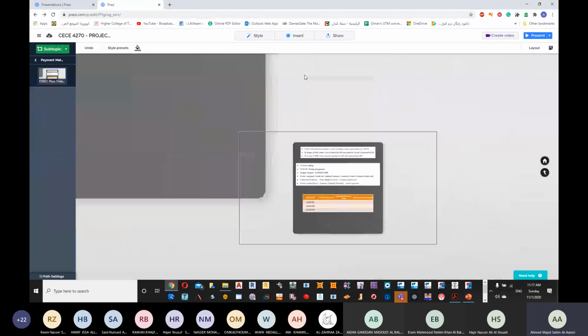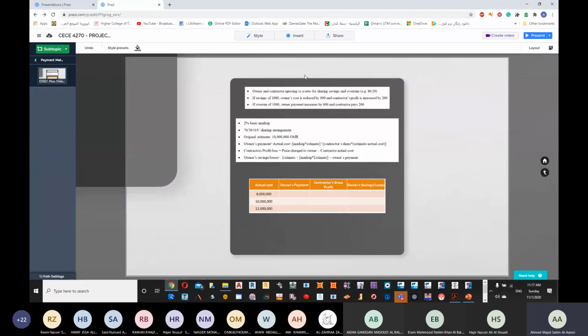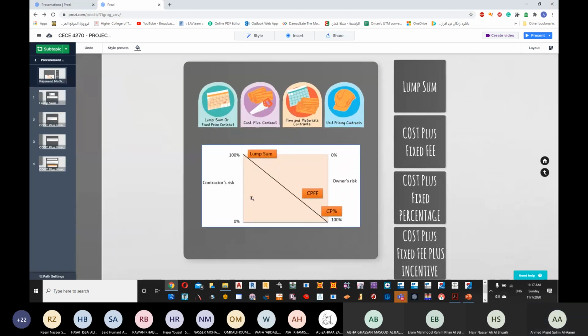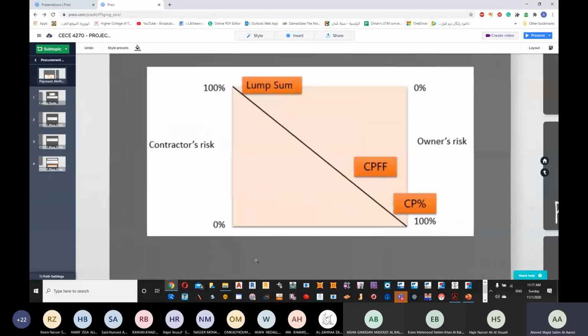Now we have the last method, which is cost plus fixed fee plus incentive. We'll take it next class, but before doing that, we'll return back here. If you go and see here, we have a matrix in which we have contractor risk on one side, and owner risk on the other.